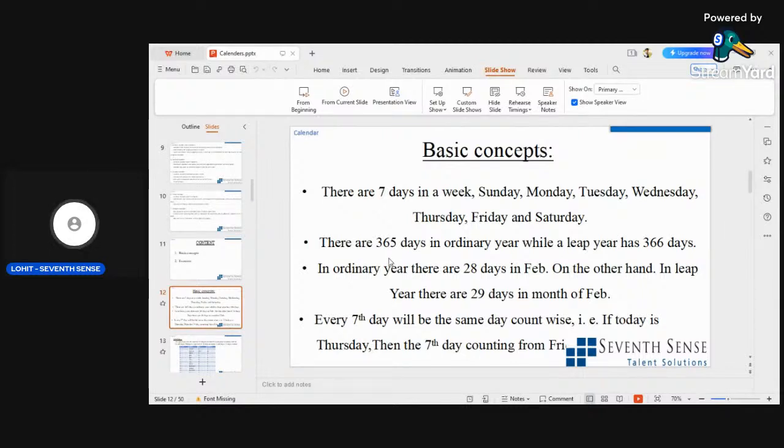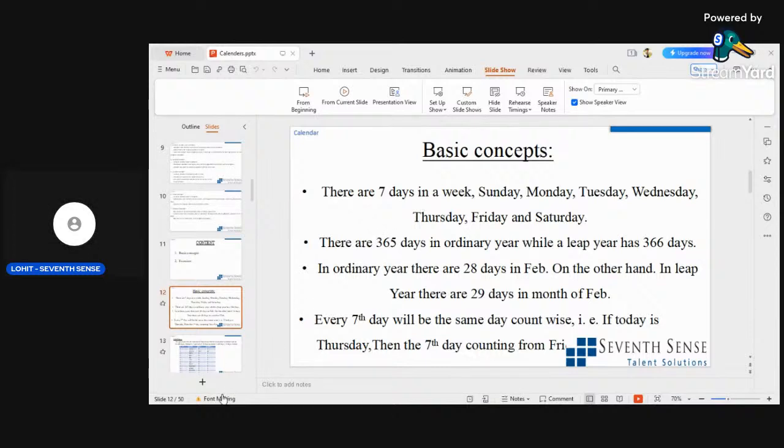Generally we have 7 days: Sunday, Monday, Tuesday, Wednesday, Thursday, Friday, Saturday. Then there are the total days in an ordinary year and a leap year. Everyone knows that we have two kinds of years. One is the leap year, which contains 366 days, and the other has 365 days.